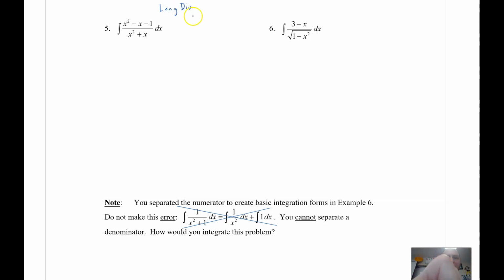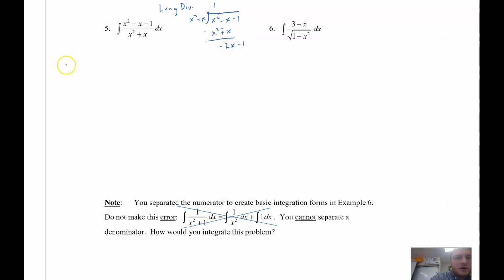So we have x squared plus x divided into x squared minus x minus 1. Okay, so we have a 1, negative 2x, negative 1.